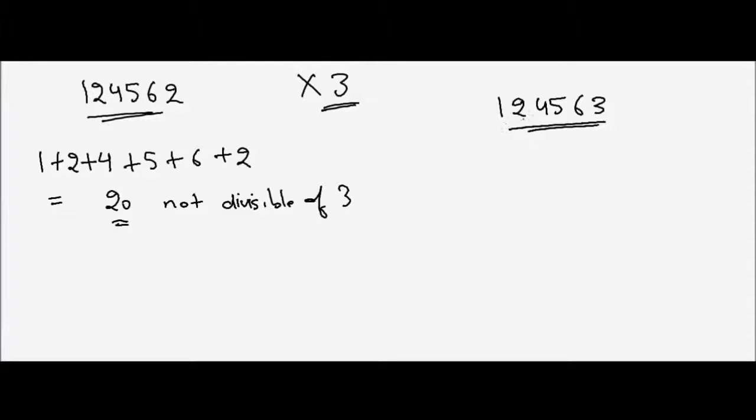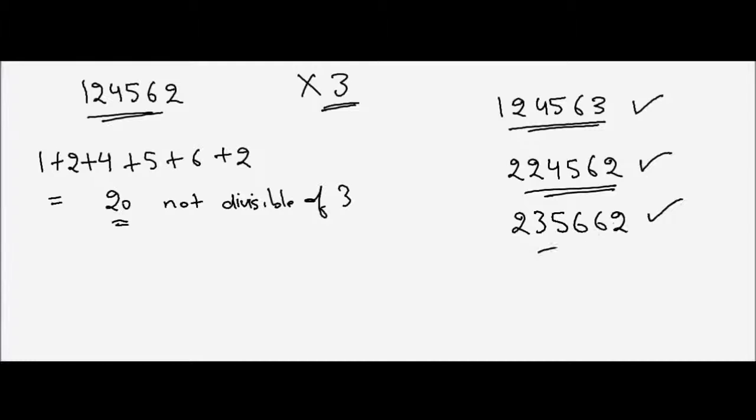Or we can change any other digit. We can say 224562, that should also be divisible by 3. Or we can increase 1 in a couple of these digits and say 235562, and this should also be divisible by 3.